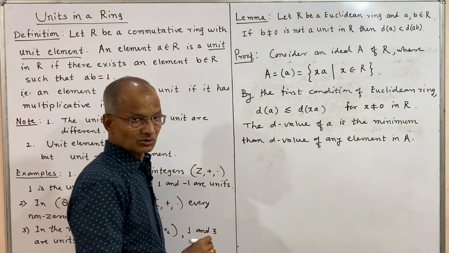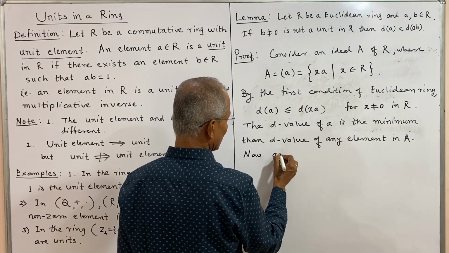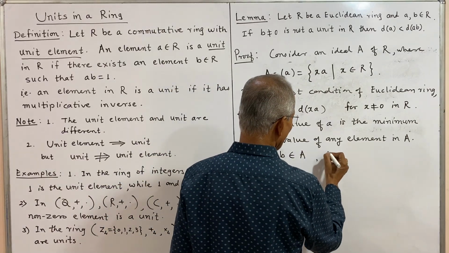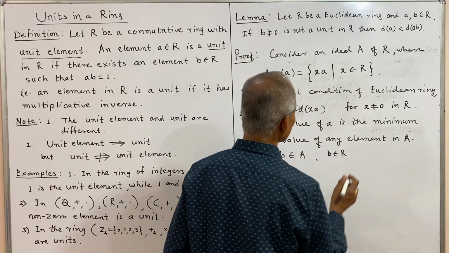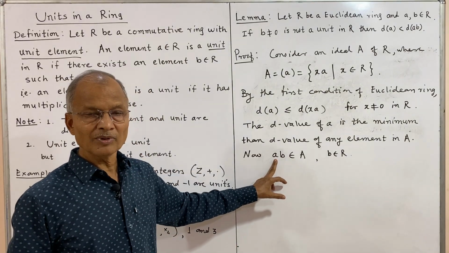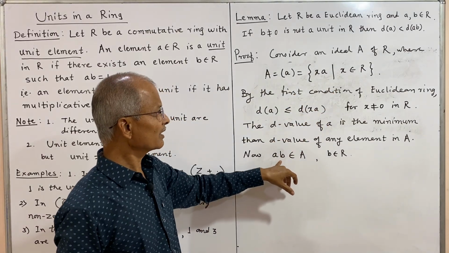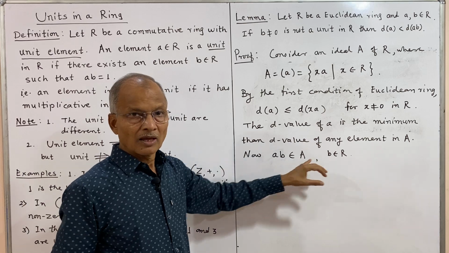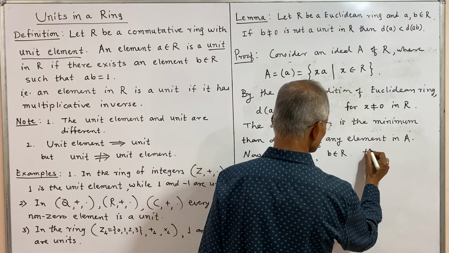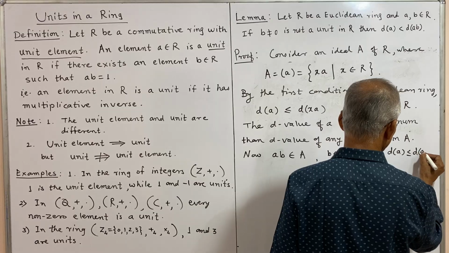Now, AB belongs to the ideal A, where B is an element in R. Take any element B in R, then AB will be a multiple of A, and by the definition xA, here x is taken as B, so AB belongs to the ideal A. Now, the general result we have is that the D value of A is less than or equal to the D value of AB.